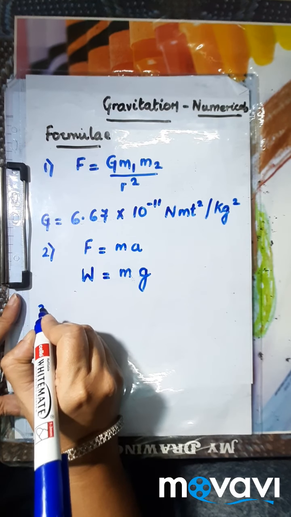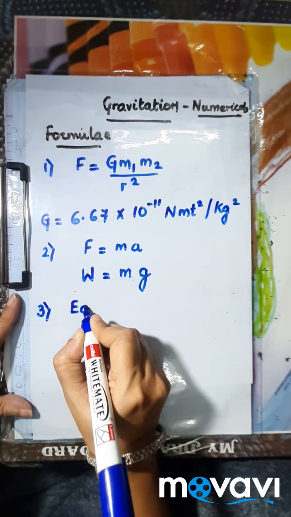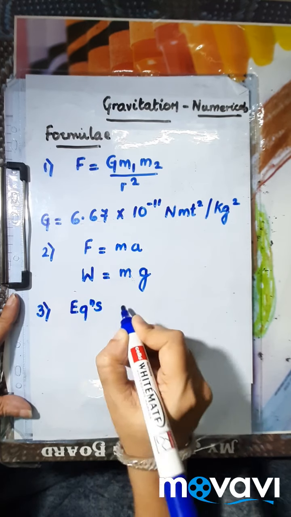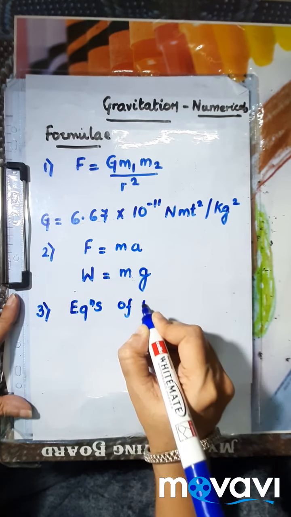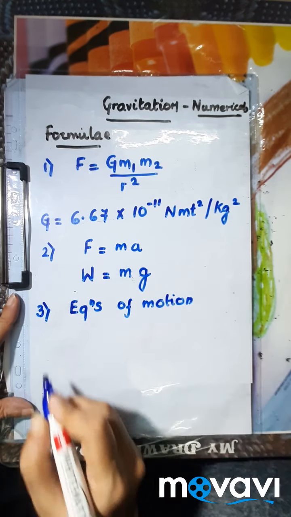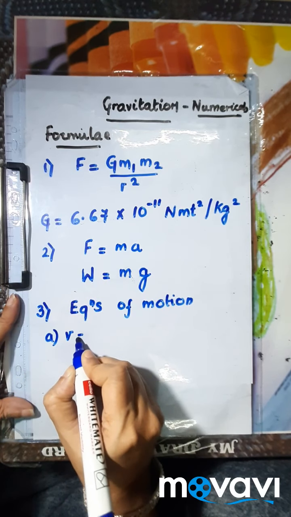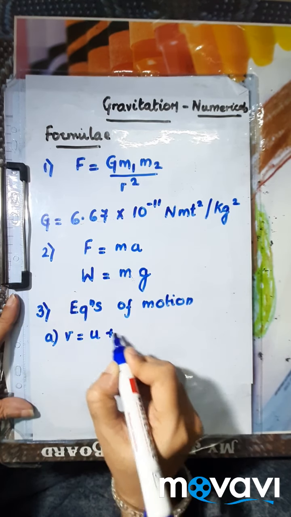Now, the remaining are my equations of motion which we learnt last year. I'm sure all of you remember that. A: V is equal to U plus AT.